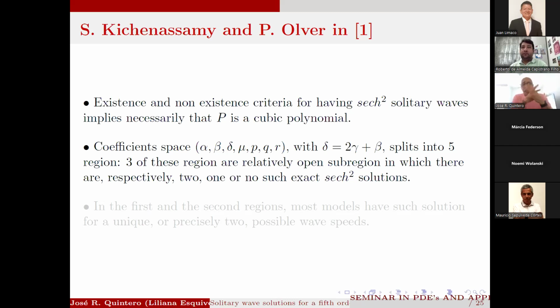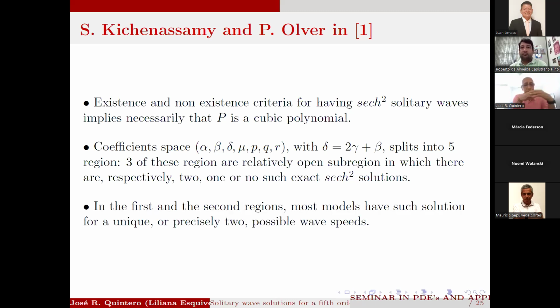They find five regions. Three regions are relatively open subregions in which there are three, two, one, and no such sech-squared solutions. So that means that, depending on the parameters, it's possible not to have solutions or to have some solutions. In the first and second regions, most models have a solution for a unique or precisely two possible wave speeds. So they limited the wave speed too.